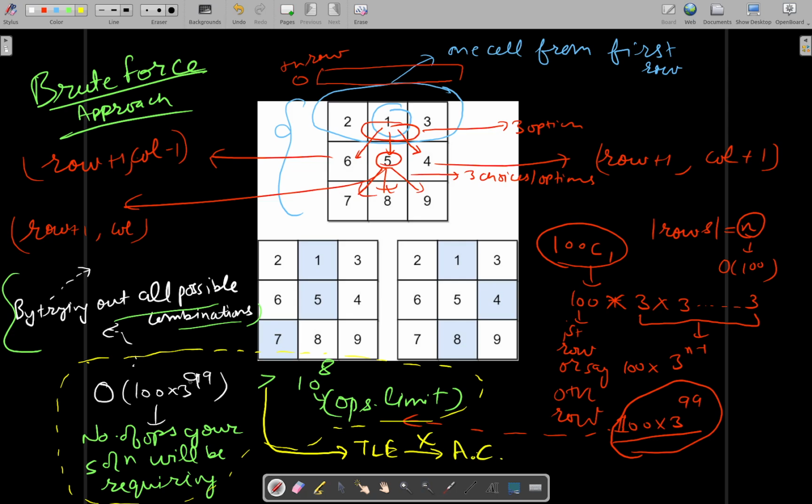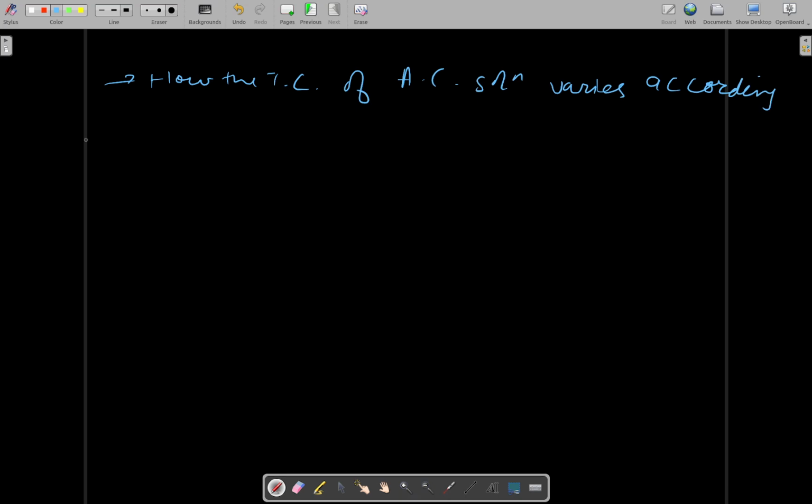Those of you who are new to this concept, I will be providing a link to an article describing how the time complexity of an accepted solution varies according to input size.